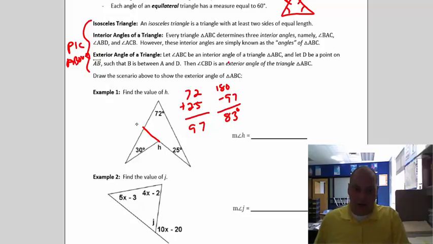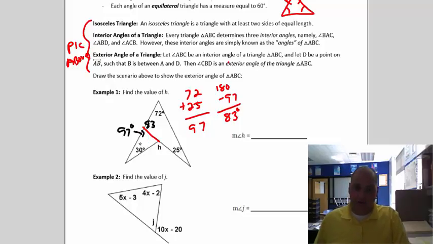All right, so I know this angle here is going to be 83. I'll just do it in black. I know this angle here is 83. So, and then see how these 2 angles right here create the straight line? So they have to add up to 180. So this angle here, that angle right there inside the triangle, must be 97.